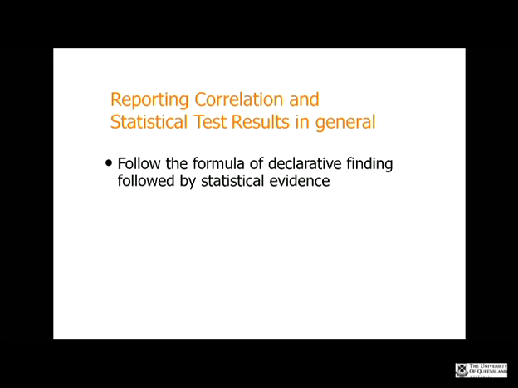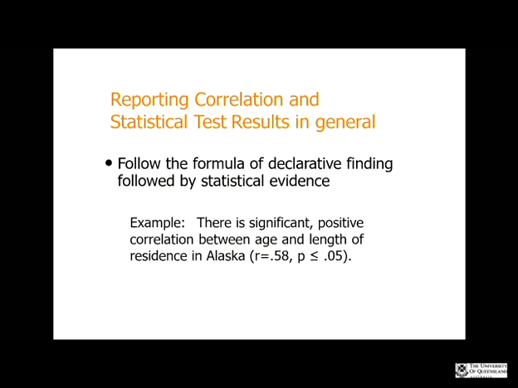When you're writing this up in your pracs, I want you to follow this formula of declarative finding followed by statistical evidence. So in this situation, there's an R value of 0.58, comma, p-value of less than 0.05, okay? So you've said it in words.